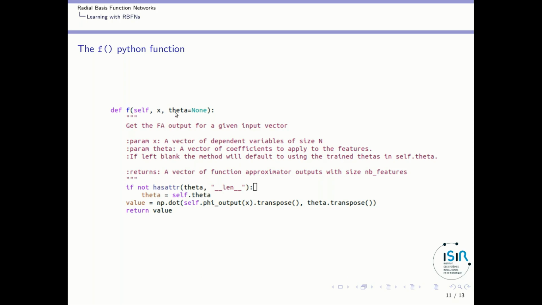I can give it a parameter theta, but if I don't, I just use self.theta, and the value of the function is just the product of phi output times theta with the correct transpose functions. And then I just return this value. Here again, remember that I am using transpose because phi output is giving a vertical vector, and I want to have a horizontal vector multiplied by a vertical vector to get the value.